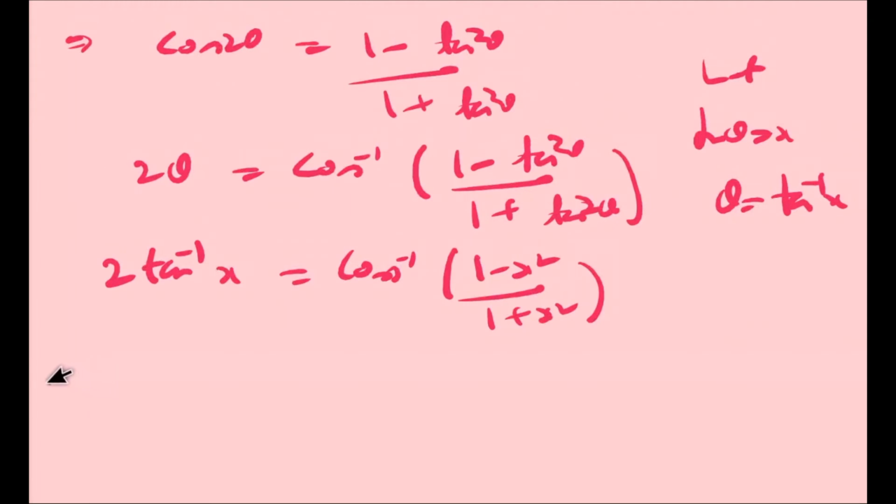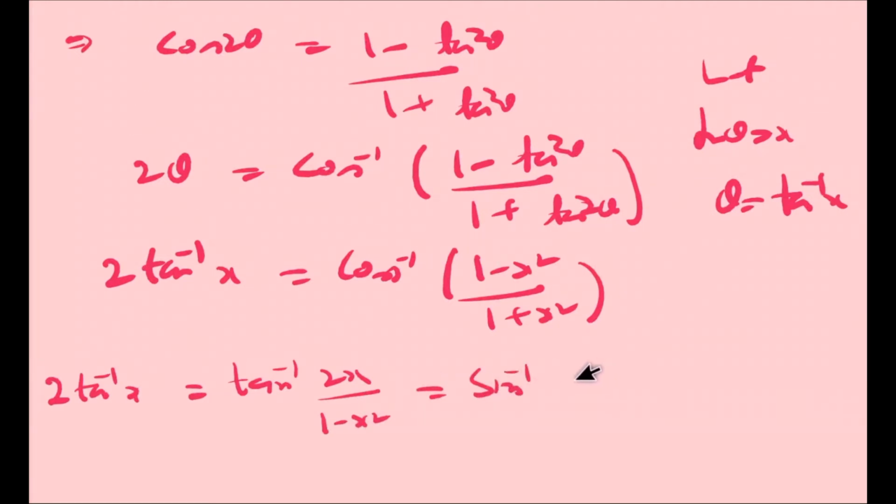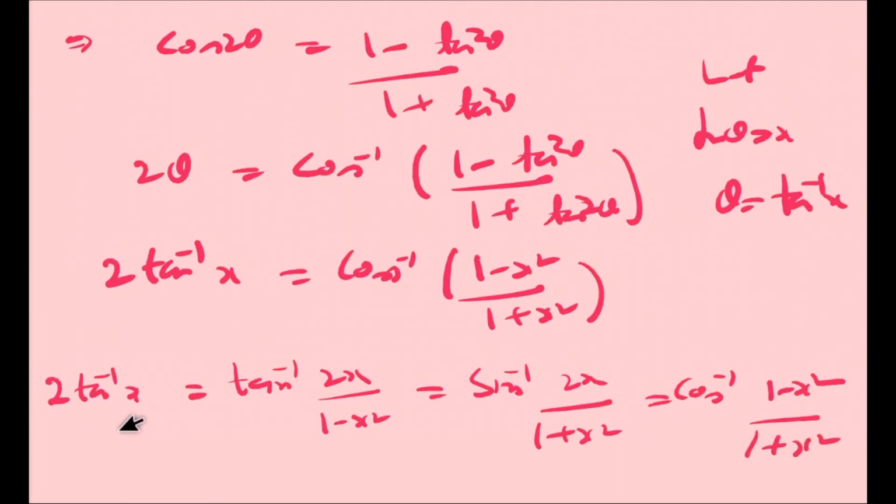So we are getting three formulas of 2 tan⁻¹ x: one in the form of tan⁻¹(2x/(1 minus x²)), in the sin inverse form 2x upon 1 plus x², and in the cos inverse form (1 minus x²) upon (1 plus x²). So using the 2 tan⁻¹ x formula in different questions, you have to learn it very carefully.